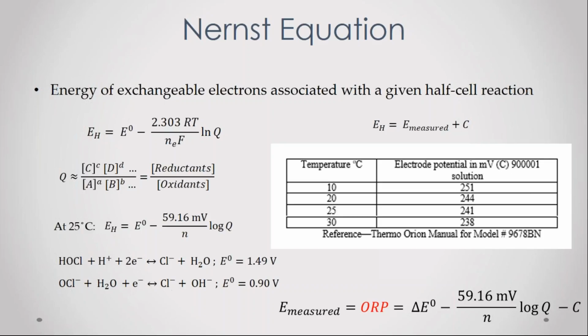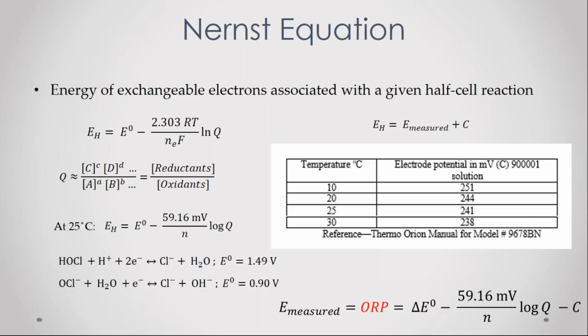E sub h is the ORP of the sample relative to the standard hydrogen electrode. It's also called the redox potential. Then you have the standard potential, and from thermodynamics we have the universal gas constant, temperature, the number of moles of electrons transferred in a reaction, Faraday's constant, and then you also have the activity coefficient.